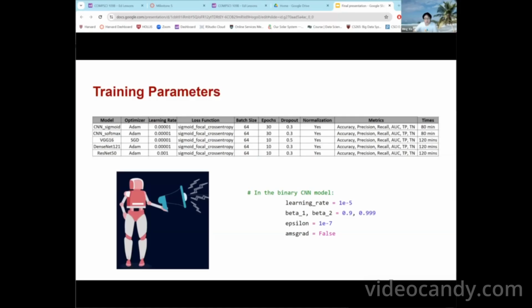We apply a dropout rate of 0.3 and batch normalization for all models. The metrics monitored include accuracy, precision, recall, and AUC for positive and negative. Training time costs 80 minutes for the CNN models and 2 to 3 hours for the pre-trained models.